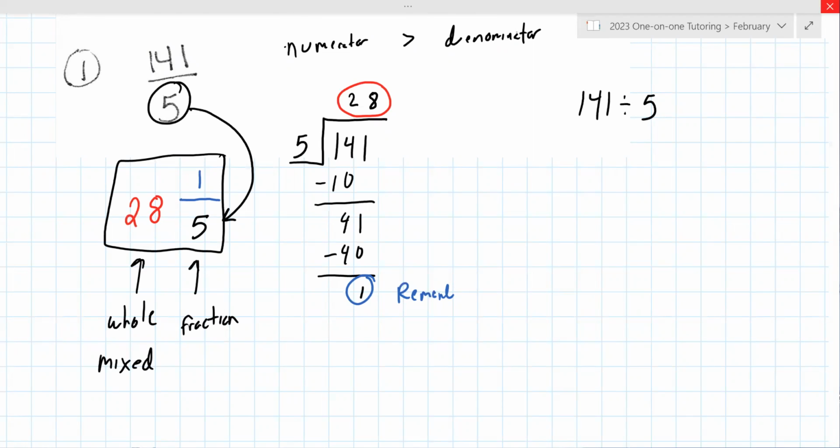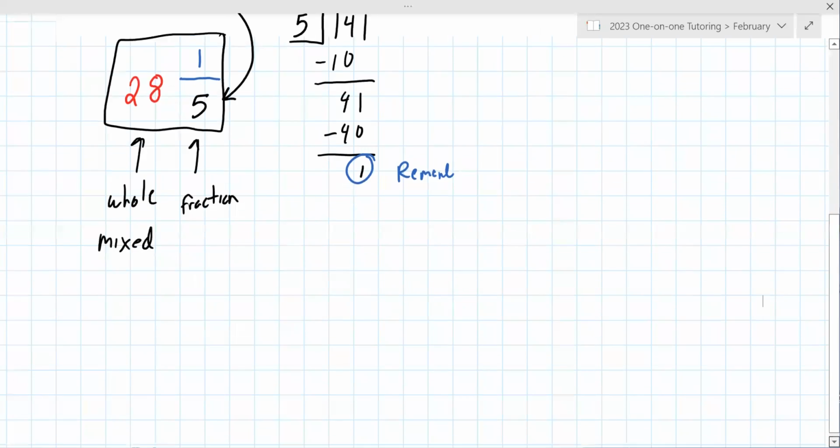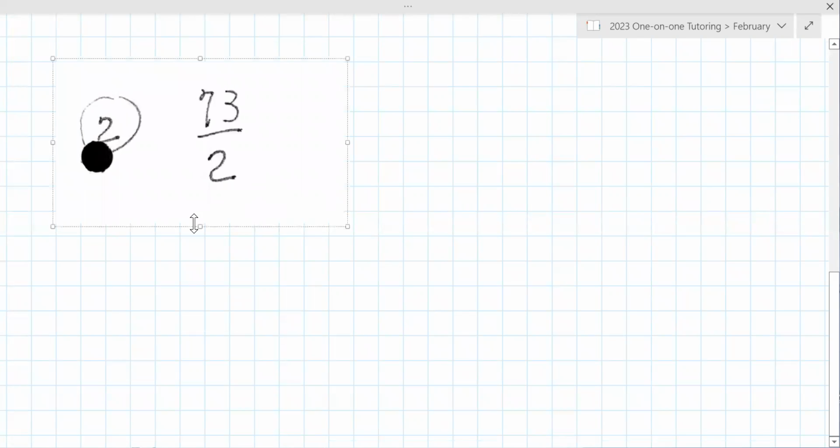All right, let's look at number 2. Again, because the number up top is larger than the number on the bottom, you will be dividing. So how many times does 2 go into 73? That is 73 divided by 2, but it's better language to say how many times it goes in.